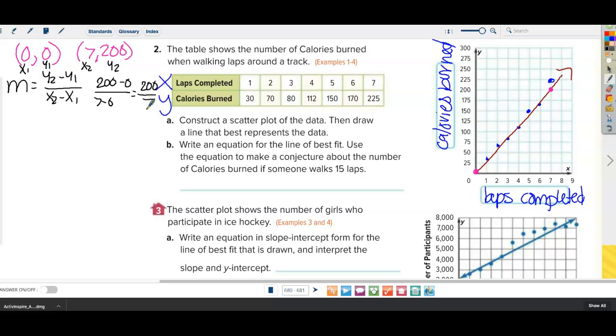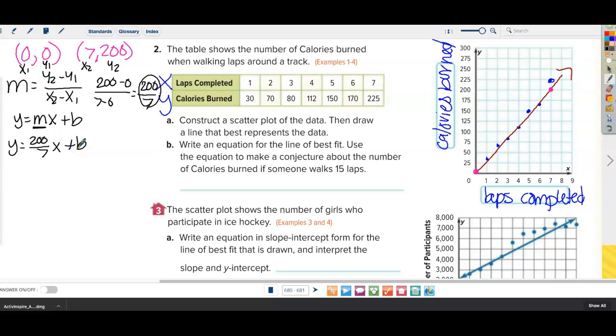So now in step 5, I'm going to sub my slope for m in the equation y equals mx plus b. So in place of m, I'm going to put that, so y equals 200 over 7x plus b.